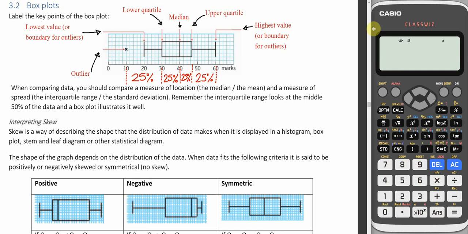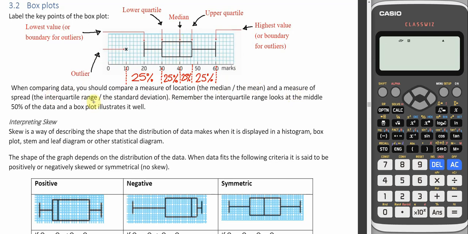So when you're comparing data, you should compare a measure of location, that's either the median, which we can tell from a box plot, or the mean, which we can't get from a box plot, but you might have calculated that already. So when comparing two sets of data, compare a measure of location and also compare a measure of spread.